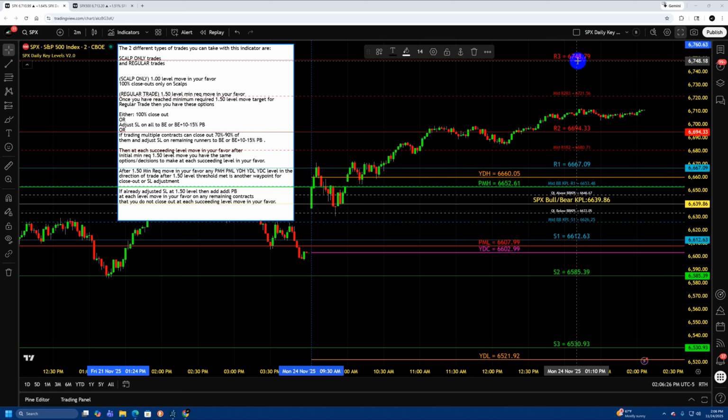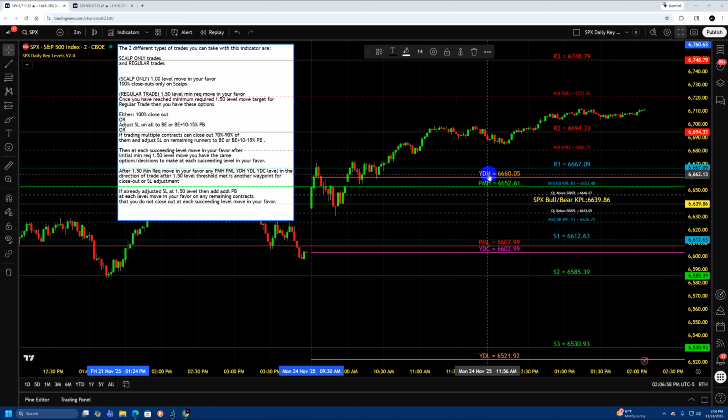Well, then the 1.5 level move from R3 threshold would be this mid R1, R2, whereas the scalp only would be R2 on this bearish trade from R3. Then, after this 1.5 level move here, as you can see, these levels are in the direction of that particular trade. So after it met the 1.5 level move here, the R1 level would now be the 2 level move in your favor.